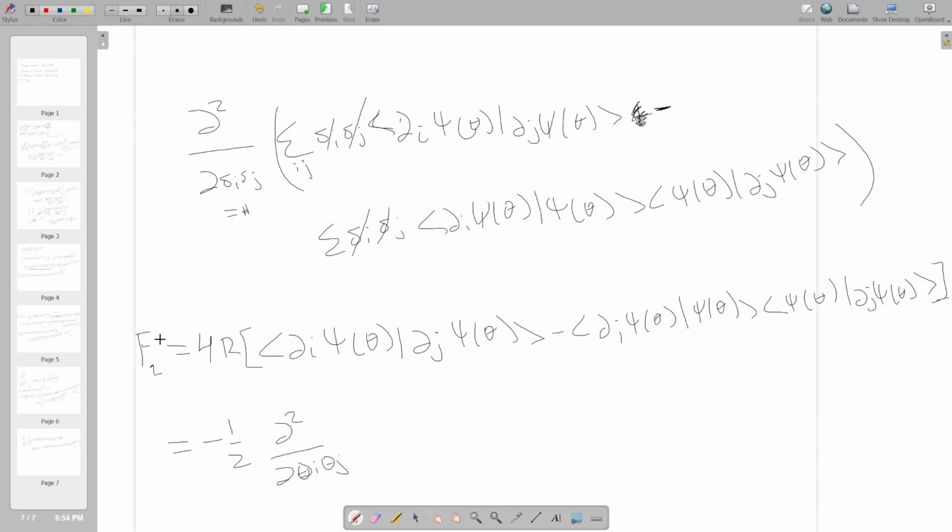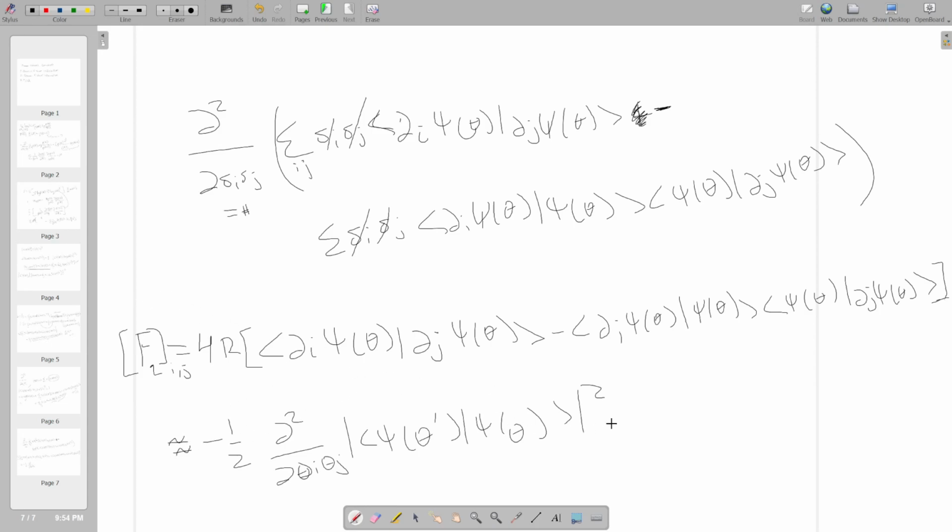Oh, and sorry, I should specify, this is a specific i, j index, because these are i's and j's of a specific example of this fidelity. This is the perturbed theta.